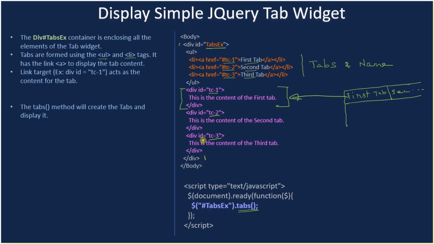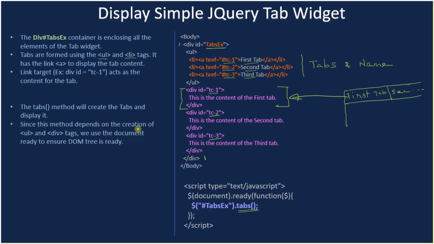So using this entire content, we select the tab using the tabx id. This is the div tag, and from that DOM element, we make a call to the tabs method. So this will create the tabs and display them to the user.